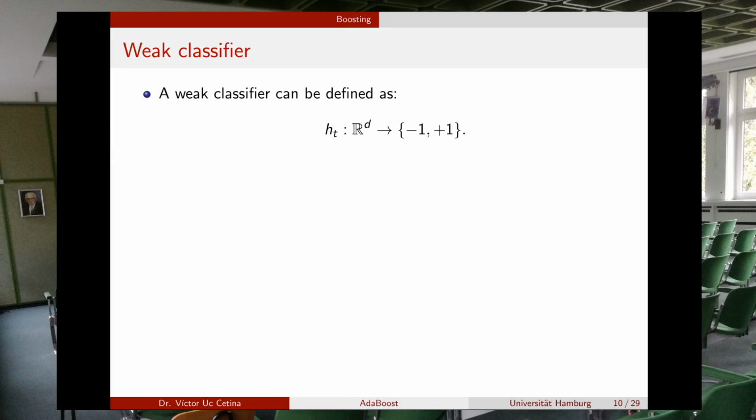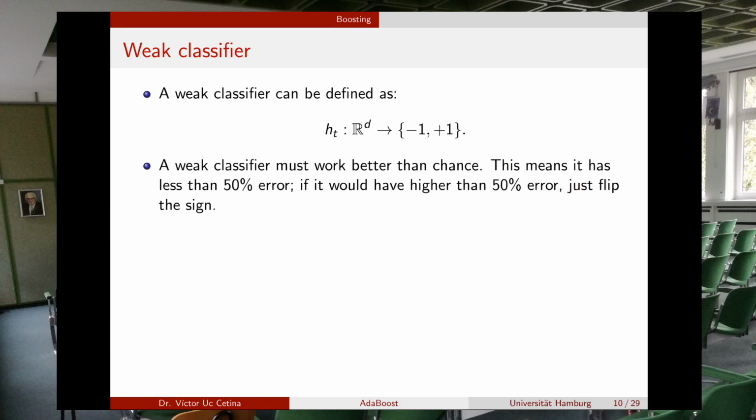Okay, so a weak classifier can be defined as some function that will map vectors in dimension D to any of these two numbers, -1 or +1.